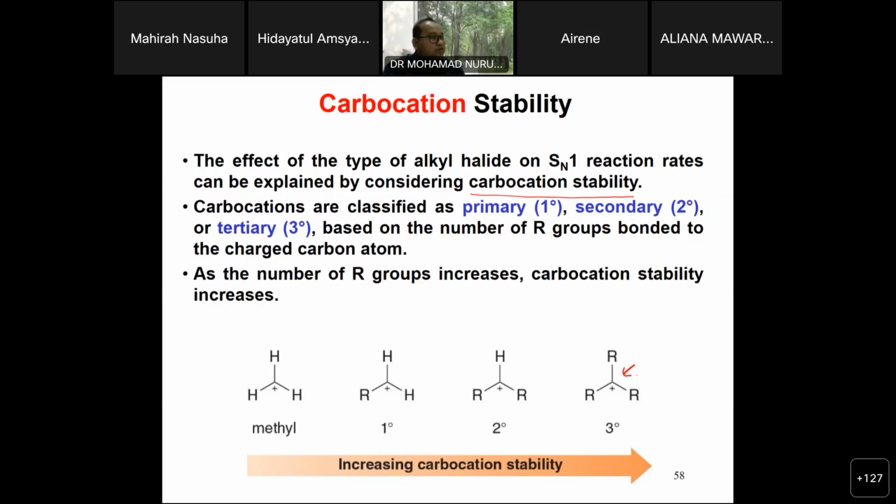And also, as the number of R groups increases, the carbocation stability increases. I hope you understand about this one.